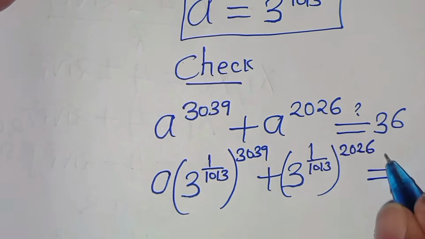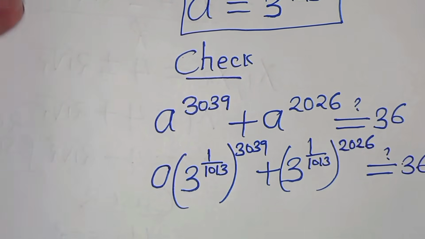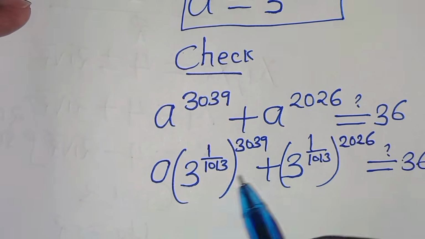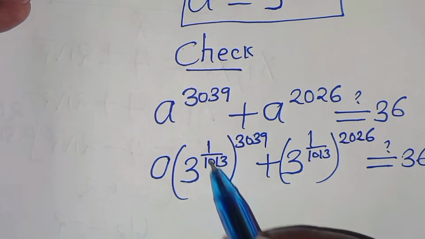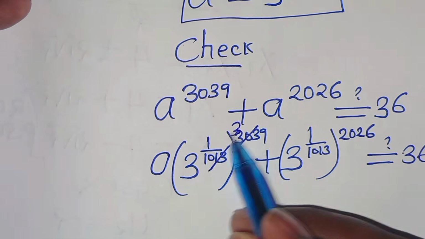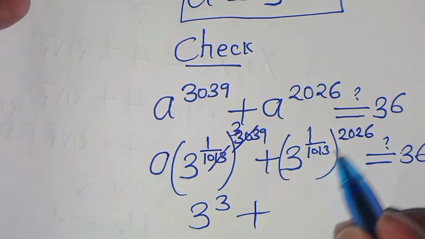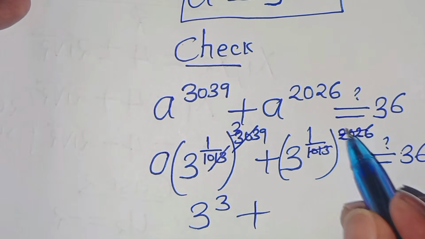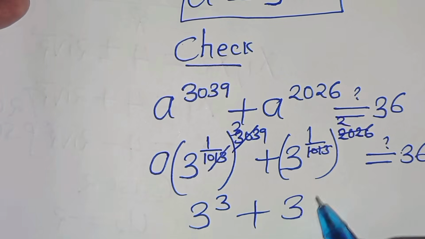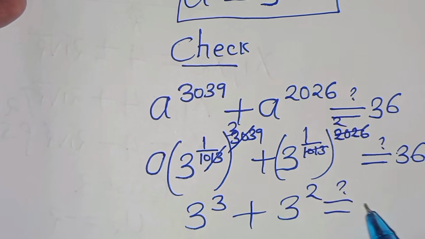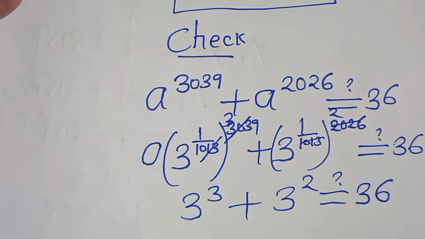This should give us a value of 36. Let's simplify here. 30, 39 divided by 10, 13 is equal to 3. So we have 3 to the power of 3, then plus 20, 26 divided by 10, 13, which is equal to 2. So this is 3 to the power of 2. This should give us a value of 36.